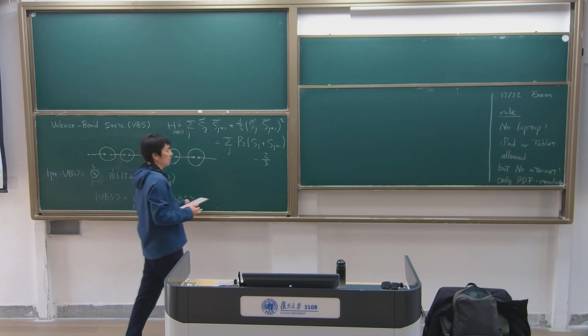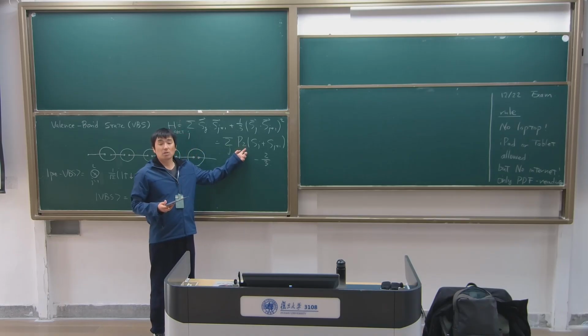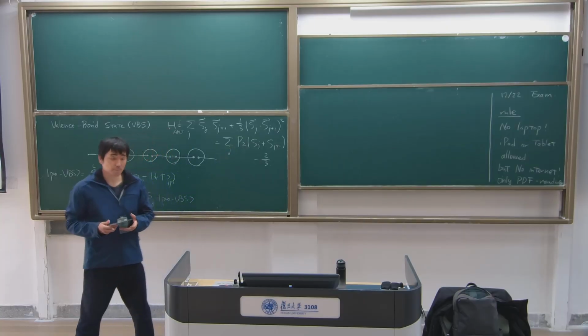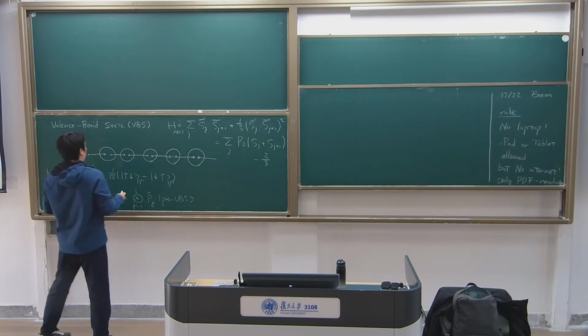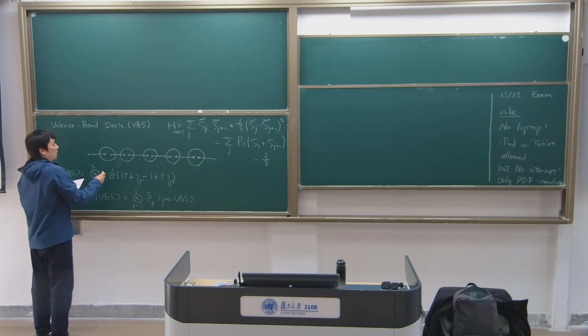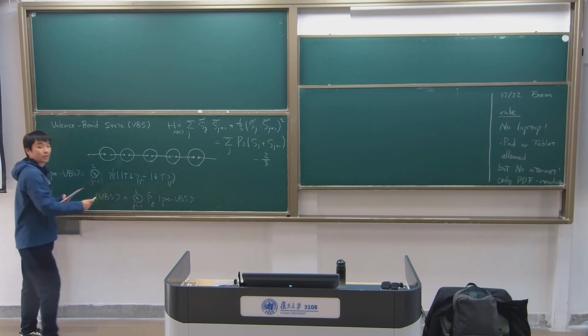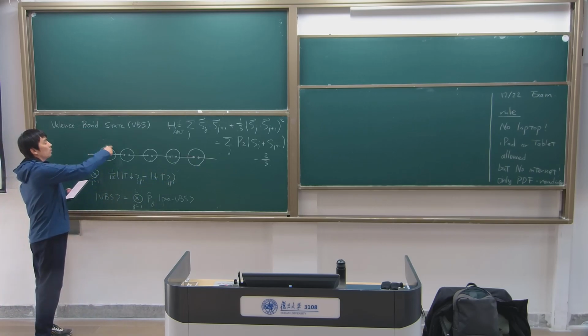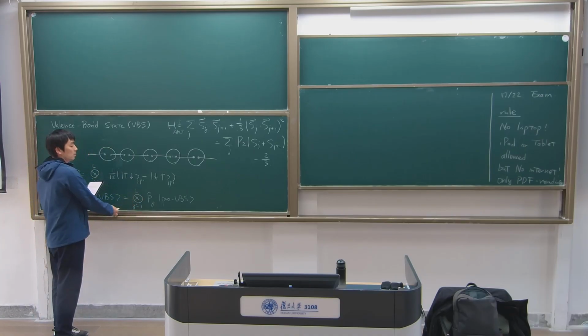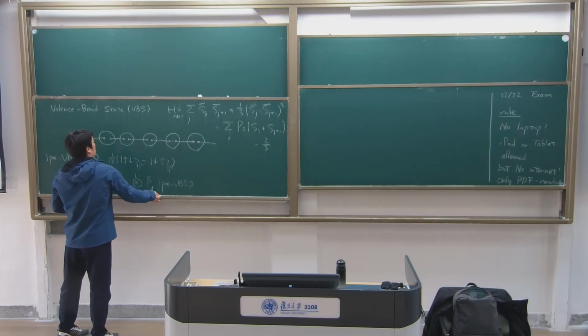Essentially what you need to do is project onto two states. At each site you have a spin 1/2, but here you have a spin 0 state, and there is a symmetry, the P hat.